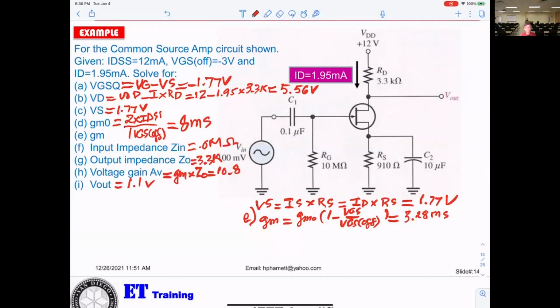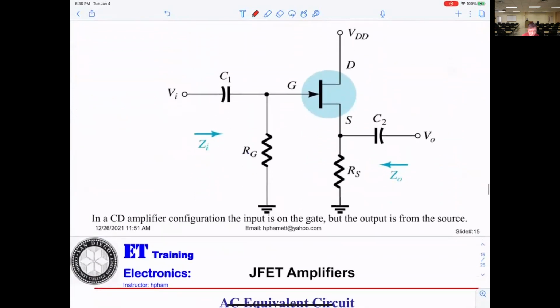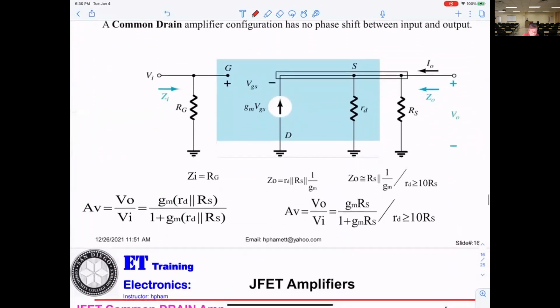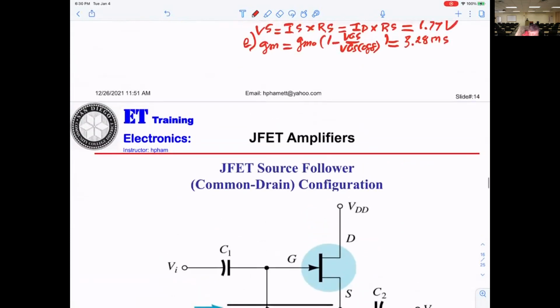Okay, so basically, source follower, common drain.